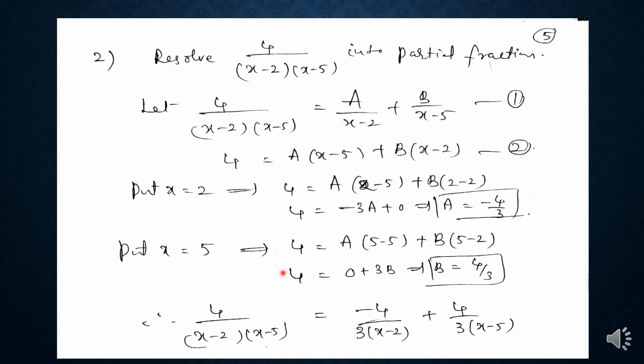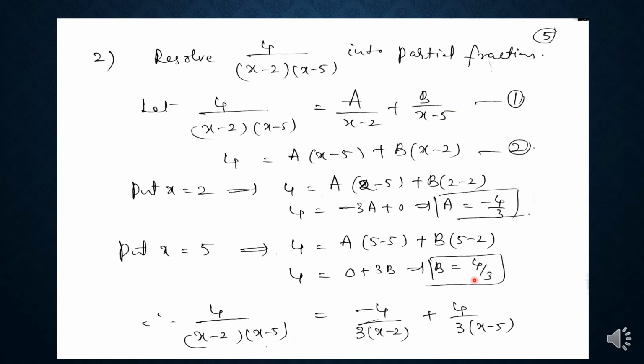So now after getting the values of a and b, substitute them in the given equation 1. So now the given rational fraction 4 by x minus 2 into x minus 5 can be written as a by x minus 2. What is a here? A is minus 4 by 3, so minus 4 by 3 into x minus 2 plus b by x minus 5.